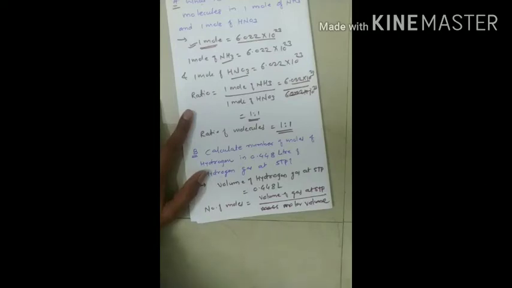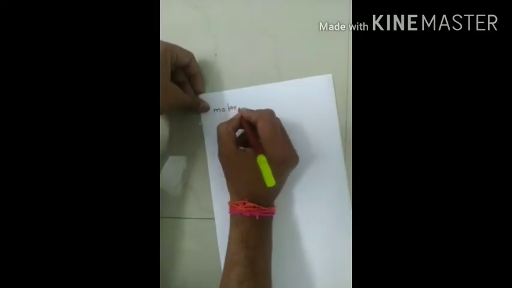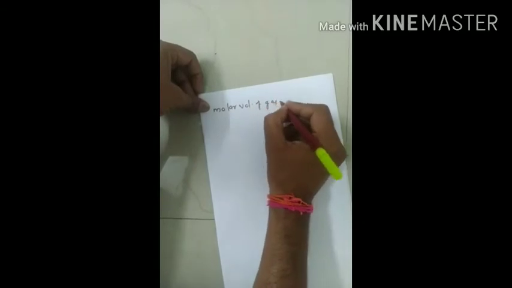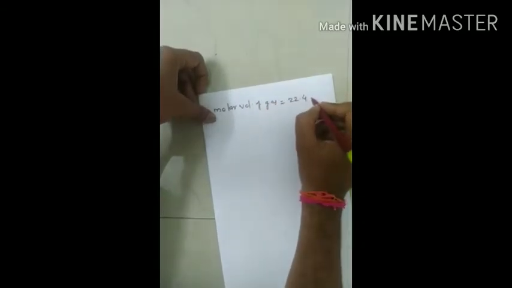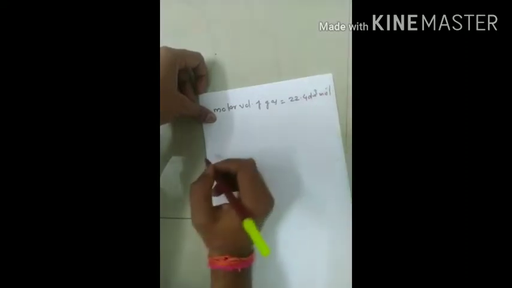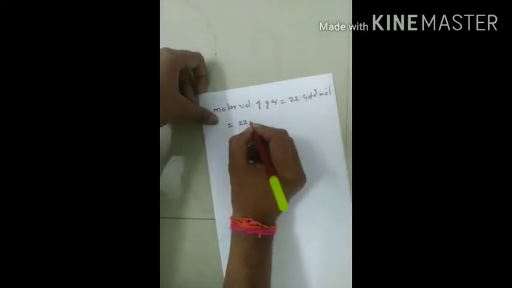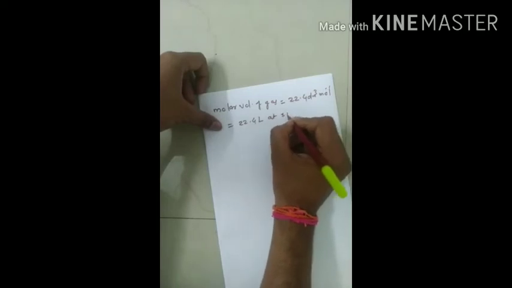So I can write here: molar volume of gas is equal to 22.4 decimeter cube per mole, isn't it? This can be written as 22.4 liter at STP.